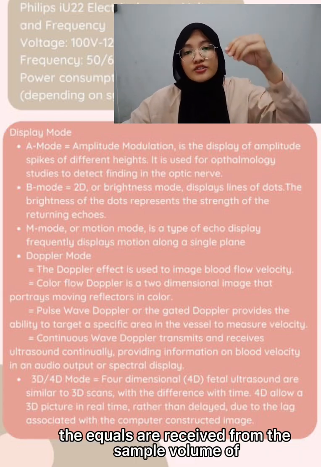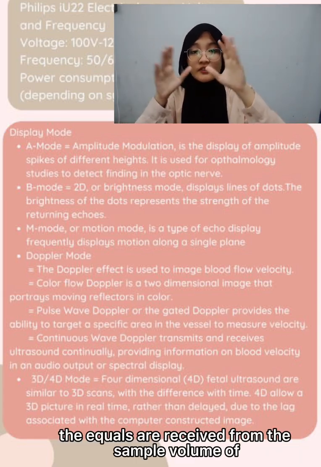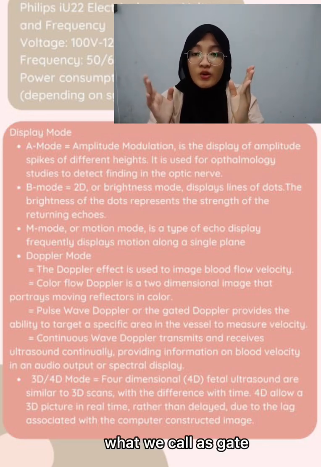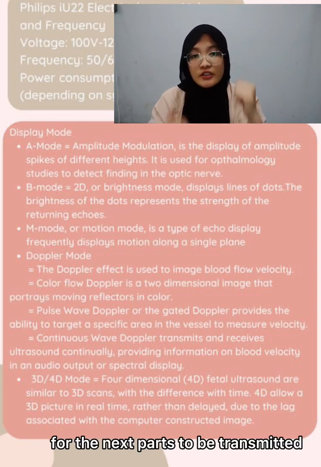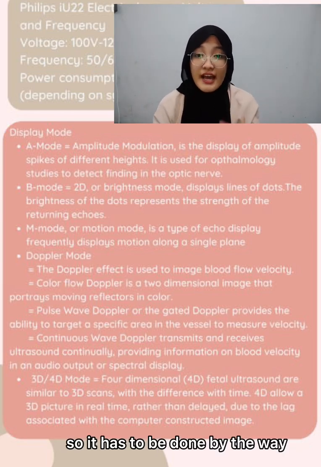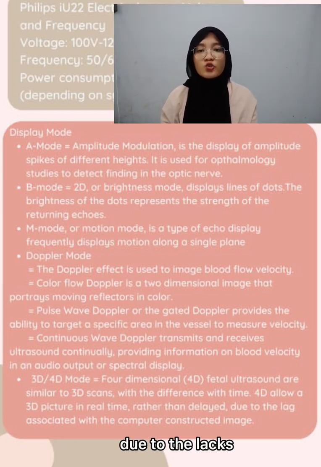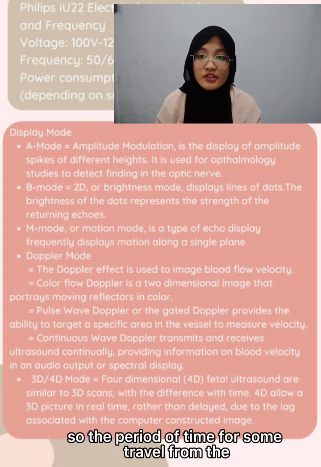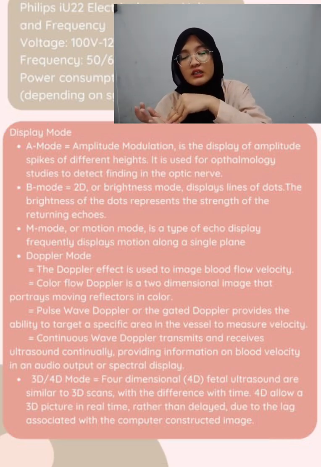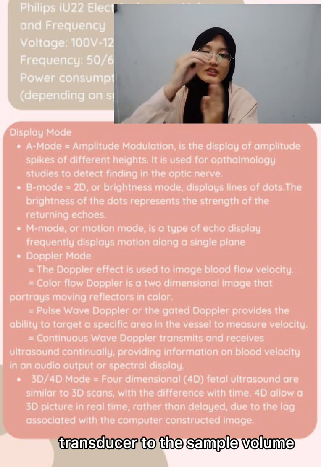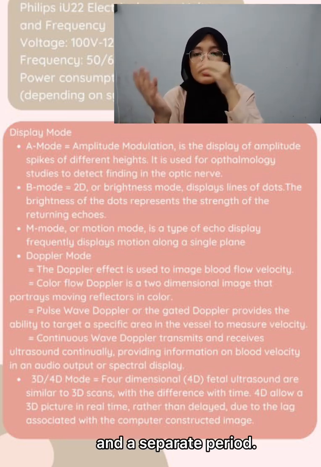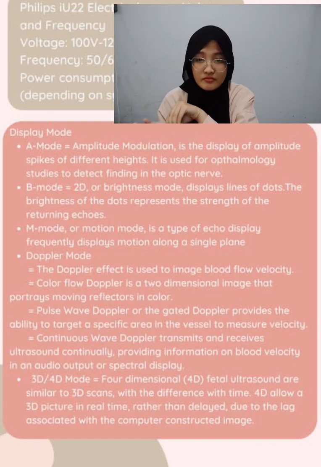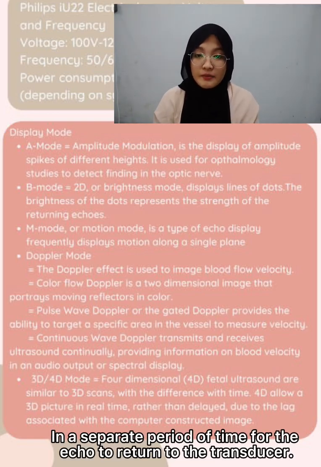The echoes are received from the sample volume before the next pulse is transmitted. This has to be done due to the lag of separate transmit and receive elements. So there is a period of time for a sound to travel from the transducer to the sample volume, and a separate period of time for the echo to return to the transducer.